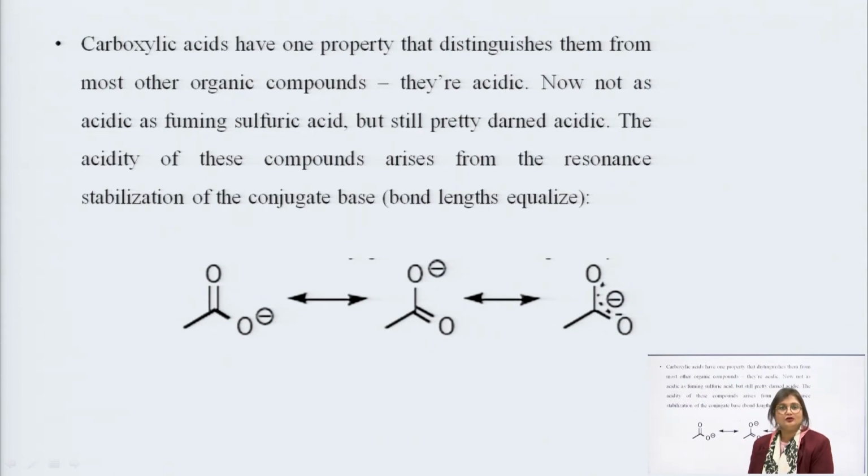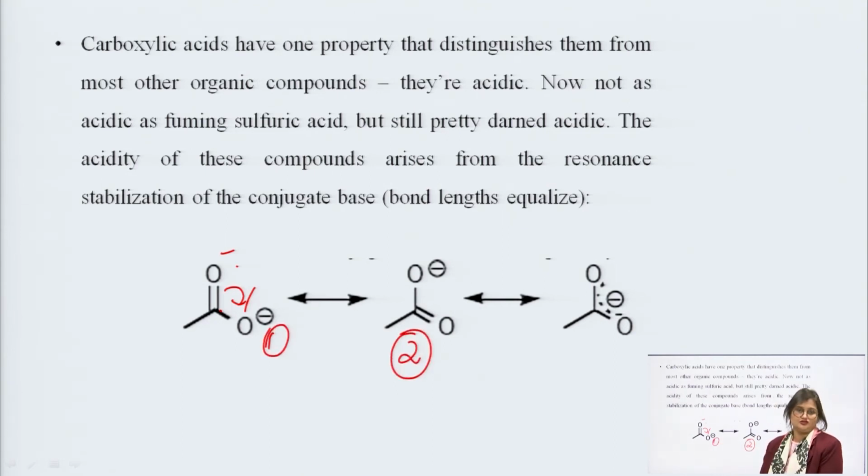So, these acids form a conjugate base that is resonance stabilized. R C double bond O minus: this double bond shifts and the negative charge shifts, forming the second resonance stabilized structure. This is the first resonance stabilized structure, this is the second resonance stabilized structure.